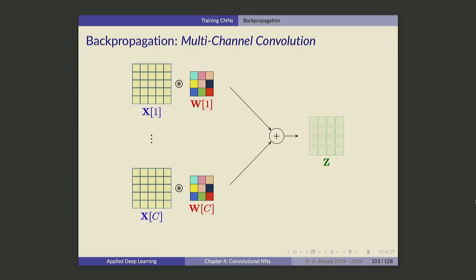No. z2 depends only on x2 and w2, right? It does not depend on x1. This means that that term is going to be 0. The next one is going to be 0, and so on. Essentially, everything else here is 0. I just need z1 here, and I don't need this summation at all, right?